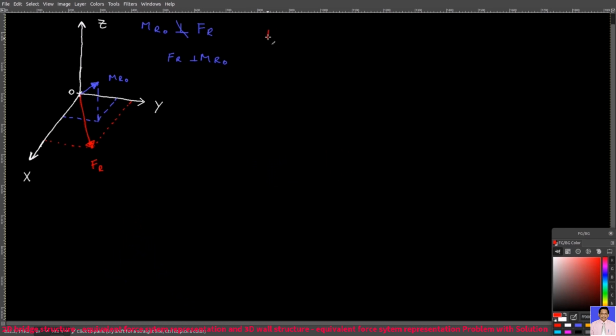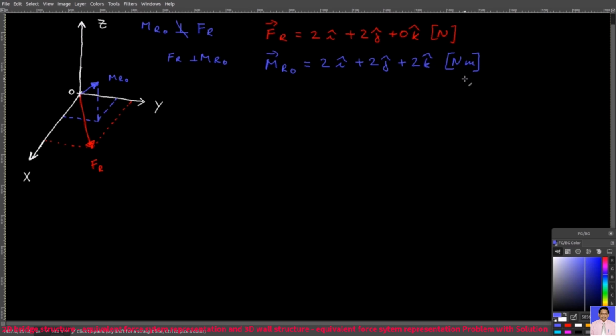Let's say that FR equals 2I plus 2J plus 0K, and let it be in newtons. And then MR0 equals 2I plus 2J plus 2K newton meters. So you can see that they are not perpendicular to each other.